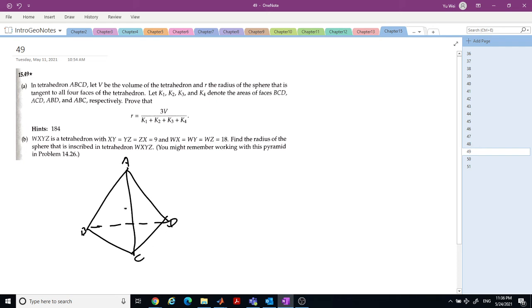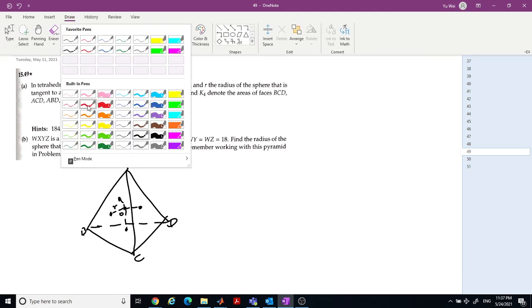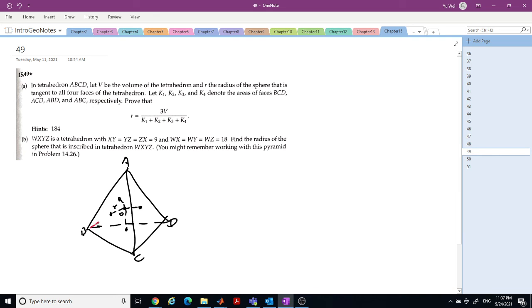If we have a center O, that means the distance from this one to the four faces is the same, R, right? Each one is R. In order not to make it too messy, let's only connect one of them.